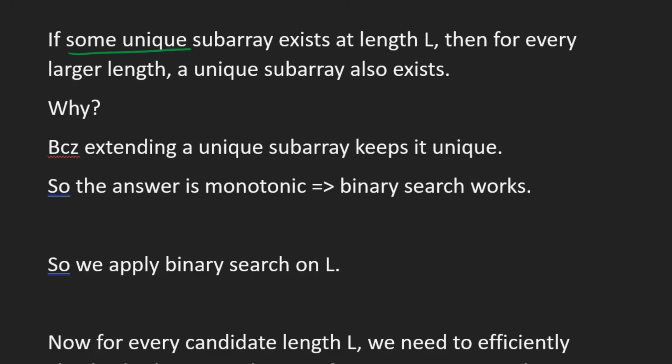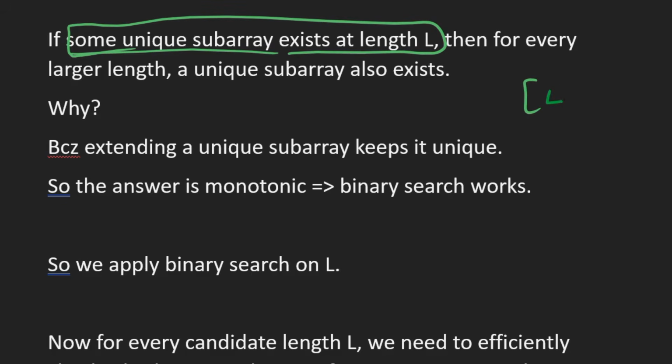If some unique subarray exists at length L, and we append something to this subarray, it will still be unique, because this part is unique. So if you append anything to it, that larger length will also be unique.